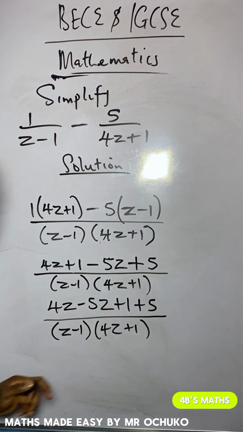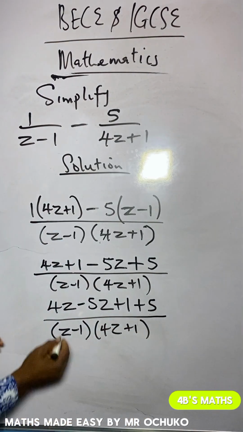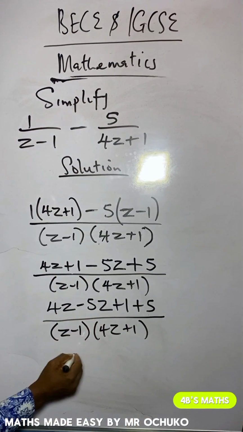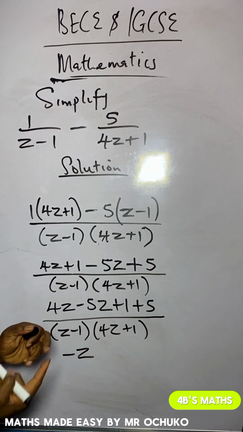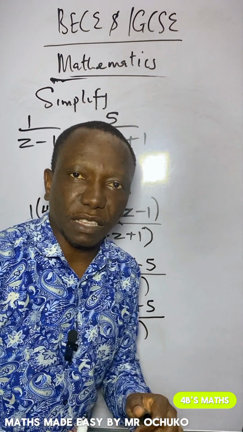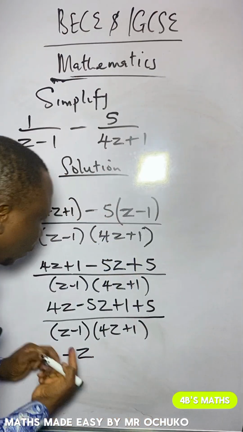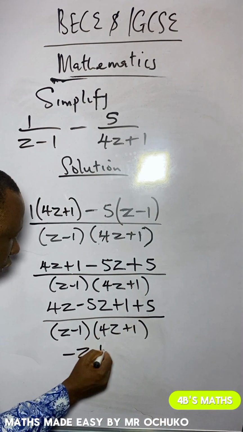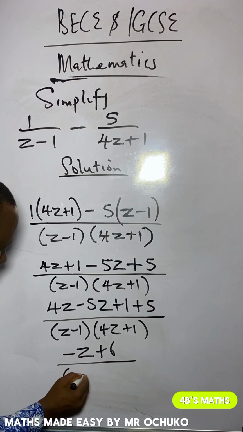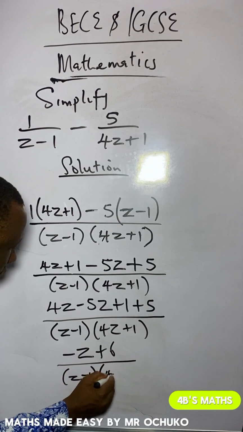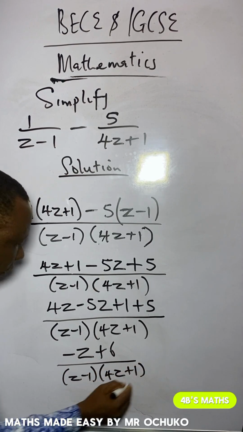So let's solve. What do we have on top? 4z minus 5z gives you minus z. Then 1 plus 5 is plus 6, all over z minus 1, 4z plus 1.